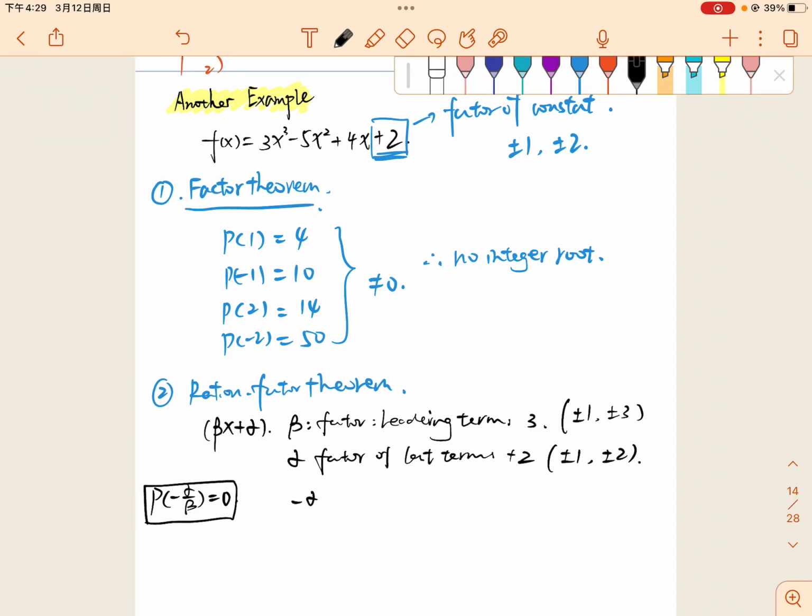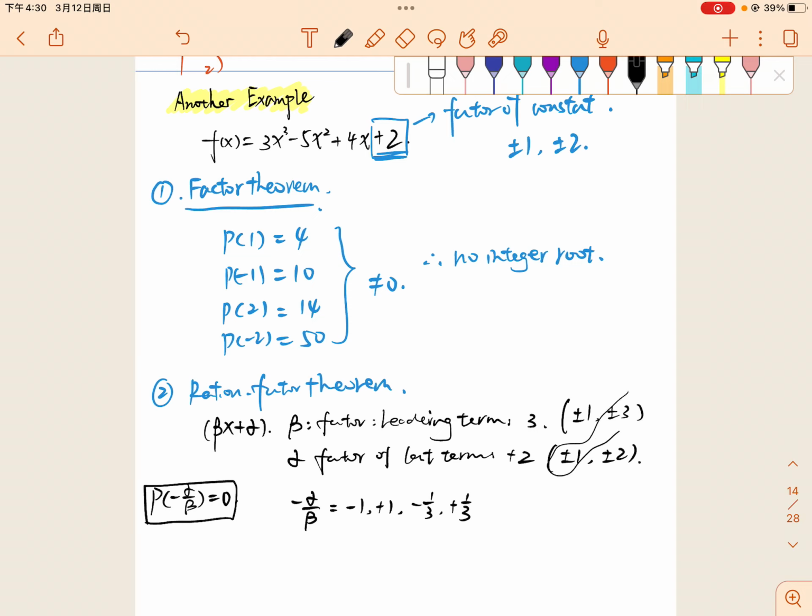So what could be our negative alpha over beta? It could be negative 1 over 1, negative 1 over negative 1, and these are going to be the same. So for the 1 and 1 combination, we will just get either negative 1 or positive 1. And then we have negative 1 over 3 or positive 1 over 3.